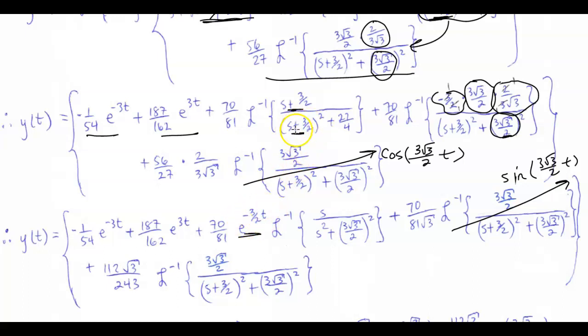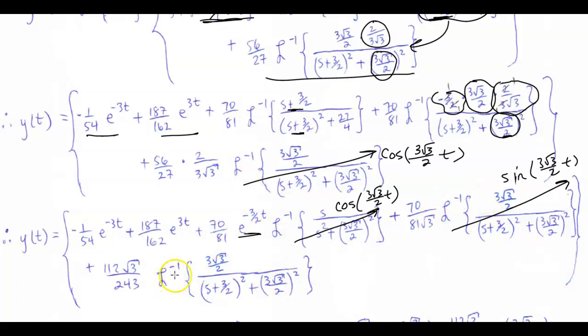Okay, and since this is plus, this is like minus a negative, so that's why that ends up being negative here. And of course, we collapse the s plus 3/2 to just be s, and now this looks the way that we want it to. And this would be cosine of square root of 3 over 3, square root of 3 times 3/2. Okay. And of course, we already have addressed this one.